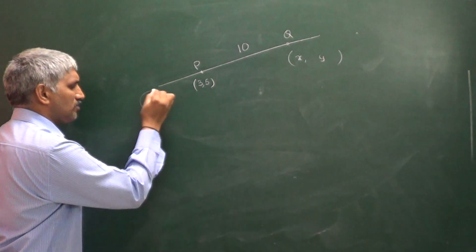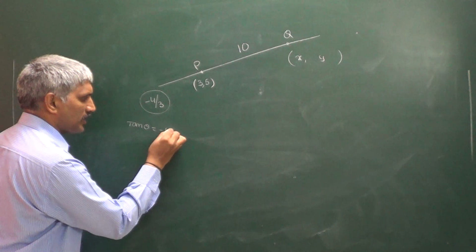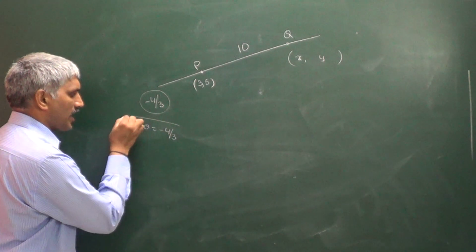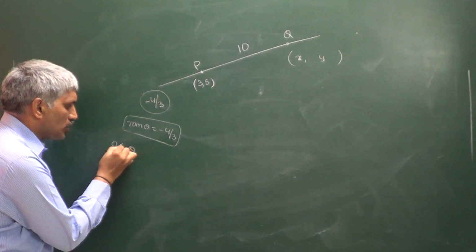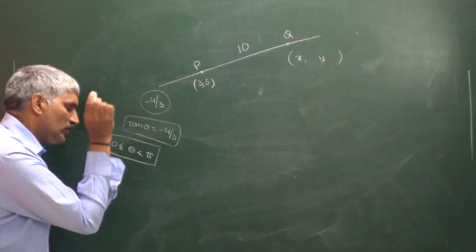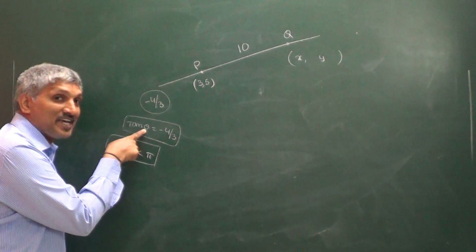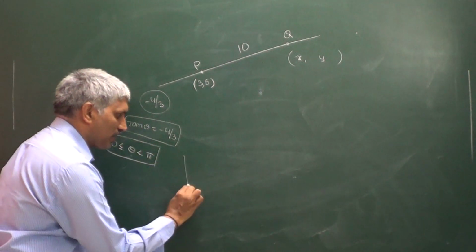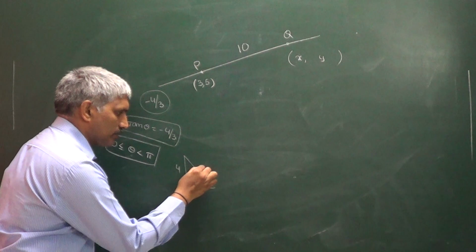Slope is given as minus 4 by 3, which means tan theta is equal to minus 4 by 3. You know, theta lies between 0 and 180 only. In the interval 0 to 180, where is tan negative? Second quadrant. That's why theta is in the second quadrant. Observe now here. Tan theta is equal to 4 by 3, so the hypotenuse will be 5.